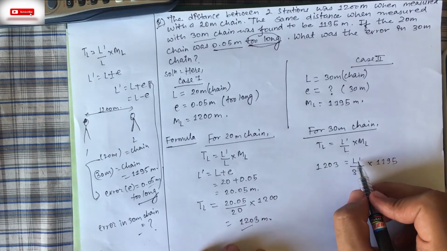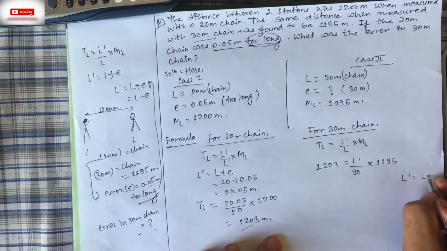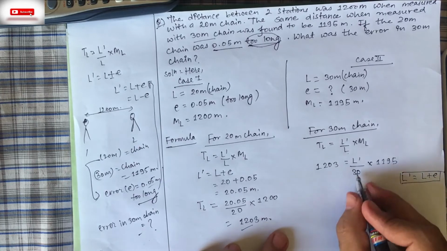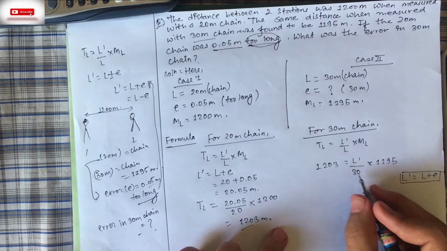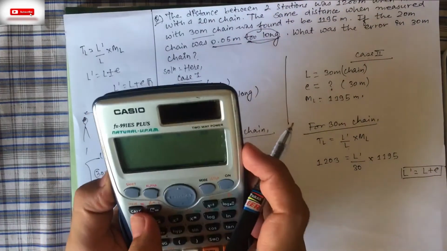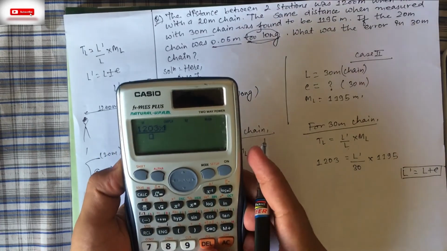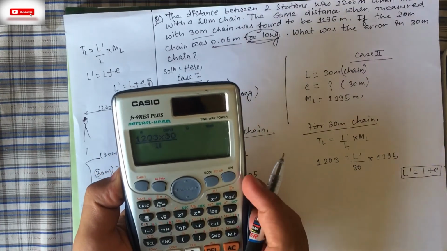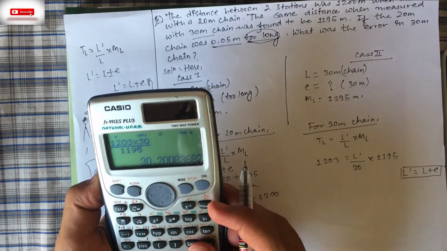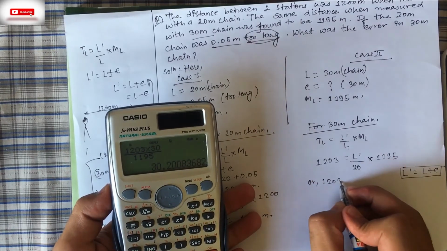So what is L dash? That will be L plus C, if too long. So by solving this, 1203 will go here.